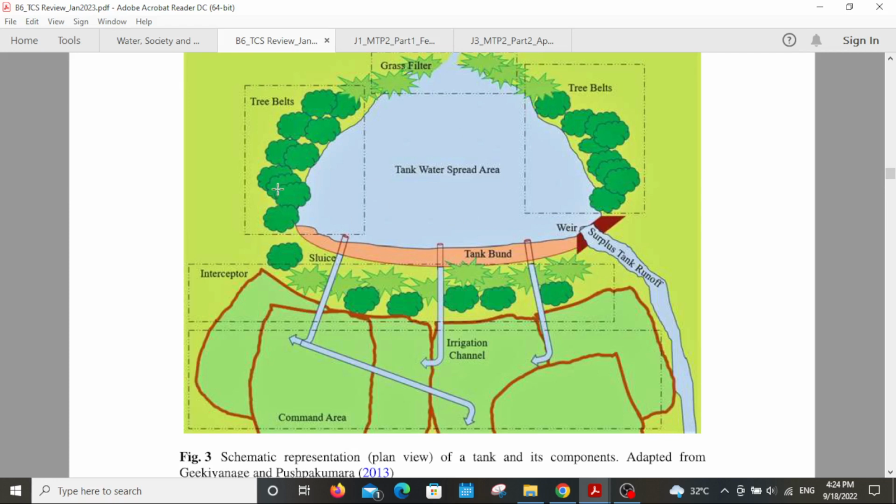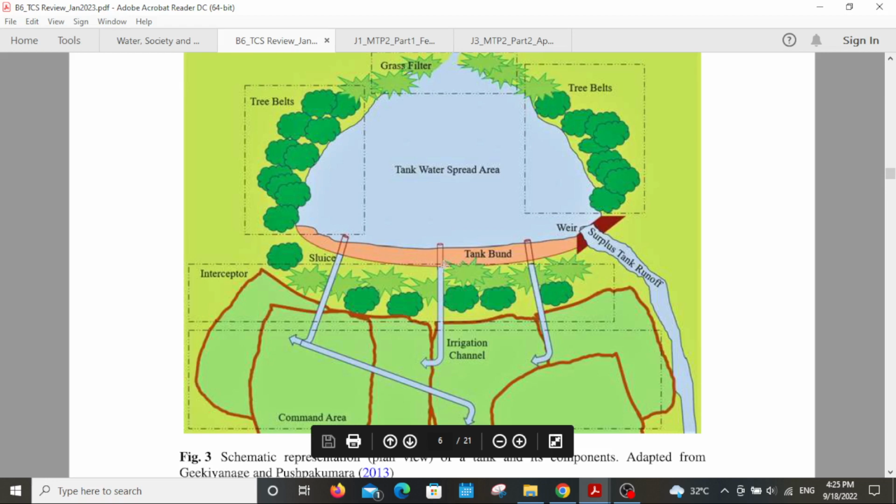You can see there are tree belts at the periphery of the tank. First of all, these prevent excess evaporation, with more discussion in this paper. Surplus water is taken from this weir, which is a surplus weir, and the excess water is supplied to the tank at the downstream.